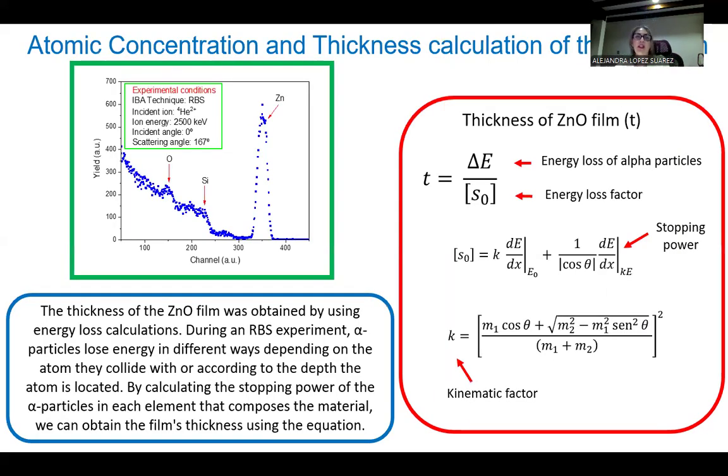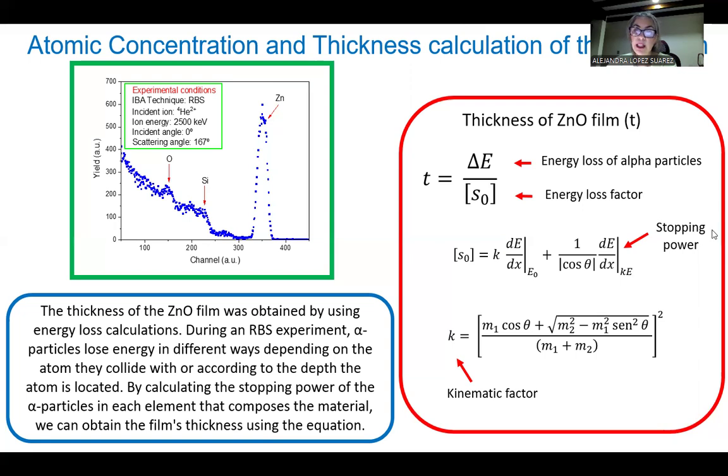First of all, we have to calculate the atomic concentration of the film and the thickness. The thickness and the atomic concentration were studied using Rutherford backscattering spectrometry. During this kind of experiment, the alpha particles lose energy in different ways, depending on the atom they collide with or according to the depth the atom is located.